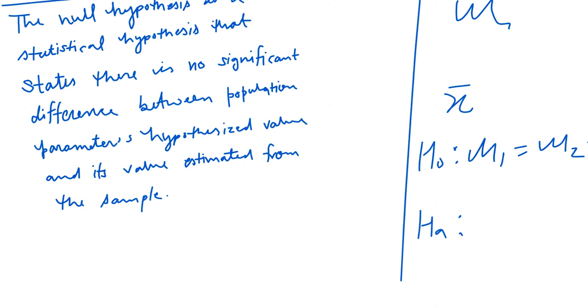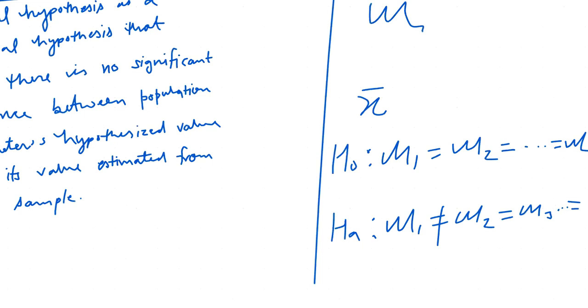So we can take mu1 not equal to mu2 not equal to mu3 up to mu.